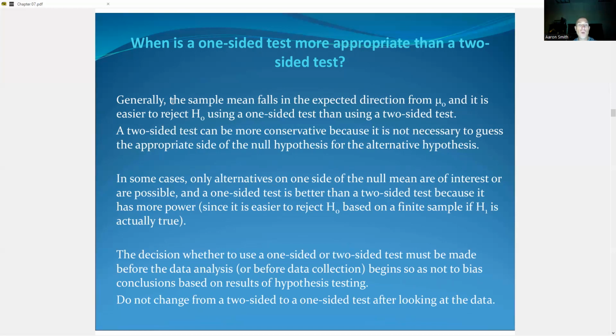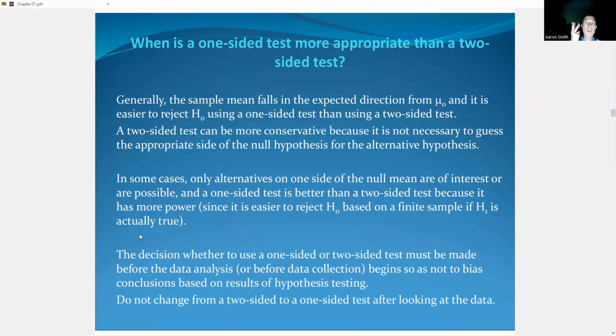The decision whether to use a one-sided or two-sided test must be made before the data analysis begins, before the data is collected, so as not to bias conclusions based on results of hypothesis testing. Do not change from a two-sided test to a one-sided test after looking at the data.